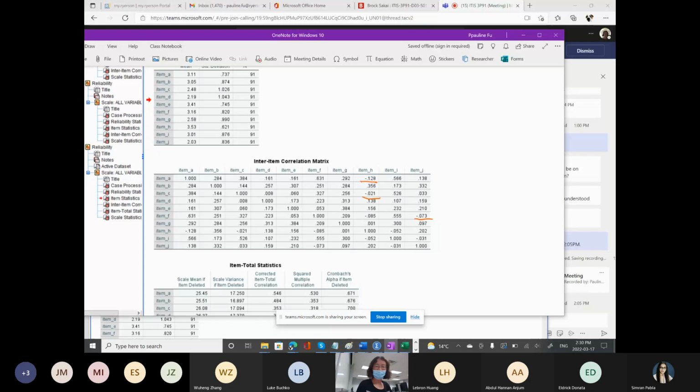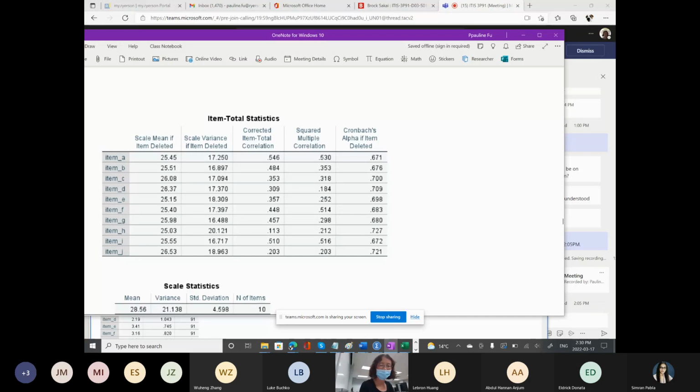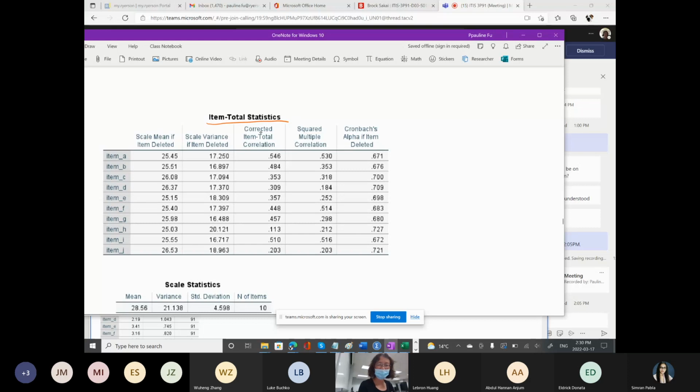Okay. And also, in item total statistics, the corrected item total correlation, the lowest number is item H, 0.113. The second lowest number is item J, 0.203.